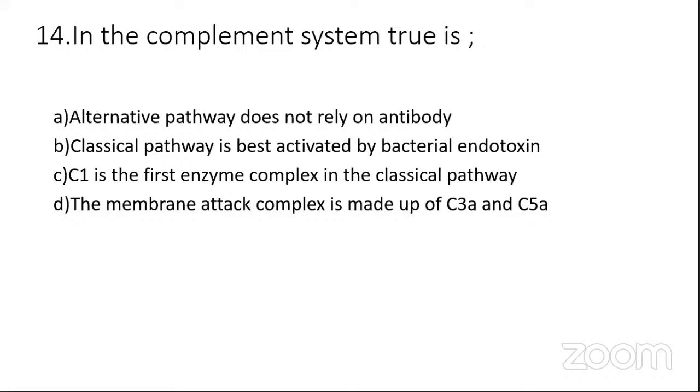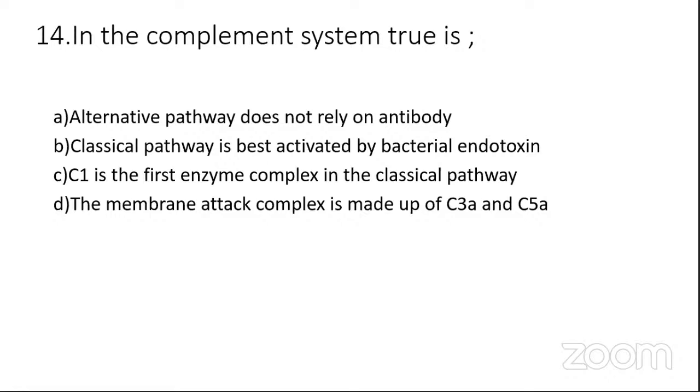In the complement system, which is true? Alternate pathway does not rely on antibody. Classical pathway is best activated by bacterial endotoxin. C1 is the first enzyme complex in the classical pathway. The membrane attack complex is made up of C3A and C5A. C, ma'am.